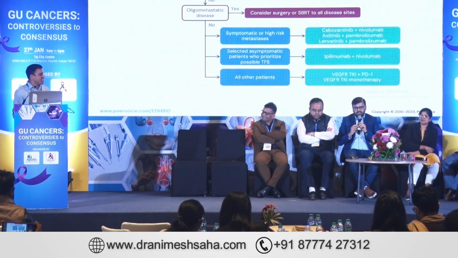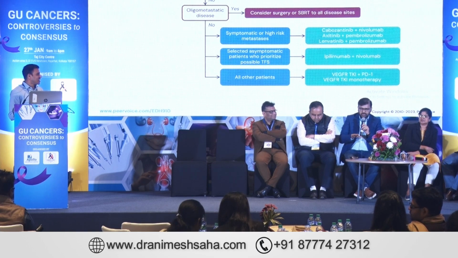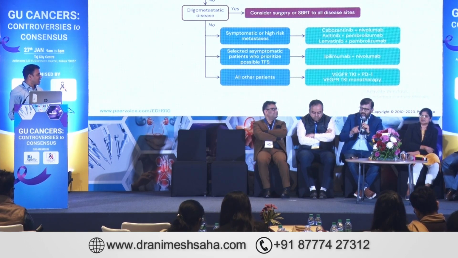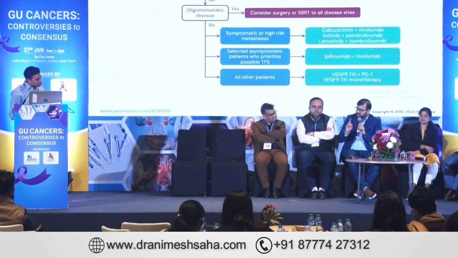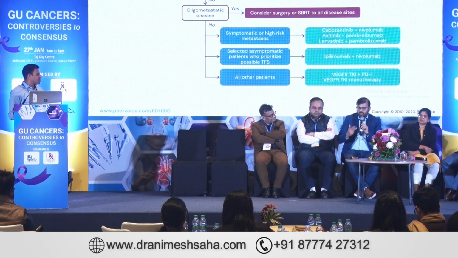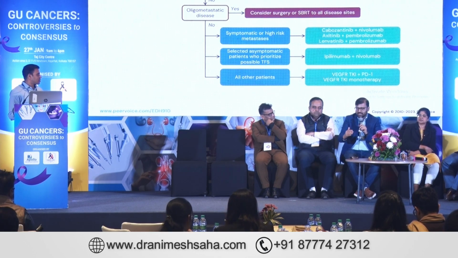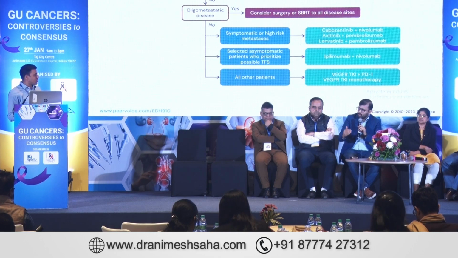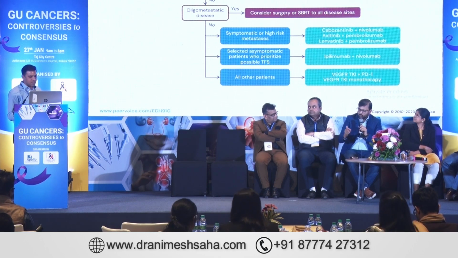So the idea is, in a very practical setting, it all ends up with the affordability of the patient. That is number one. Logistics. Number two is, if the patient can afford it, then we need to make them understand this is what your risk stratification is, and this is what you qualify for.